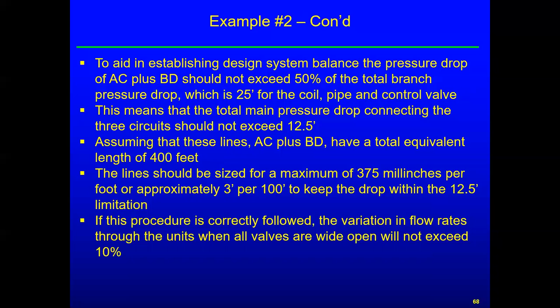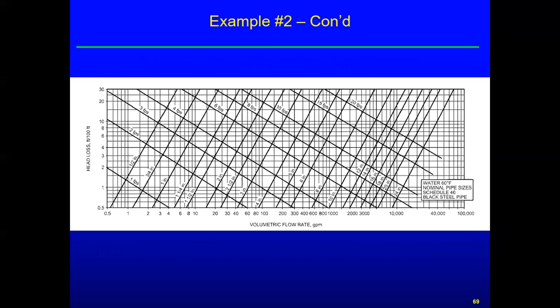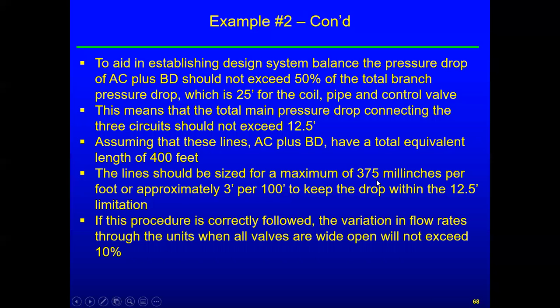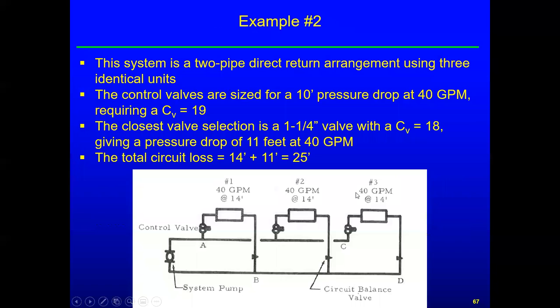He said if we follow this procedure correctly, then the variation in flow rate between the units with all the valves wide open will not exceed 10%. Okay, and so this is the sizing diagram, and this is in your homework that I have sent. So what's our flow rate on this thing? Well, from the pump to A, we have the flow rate of all, well, it's 40 each.